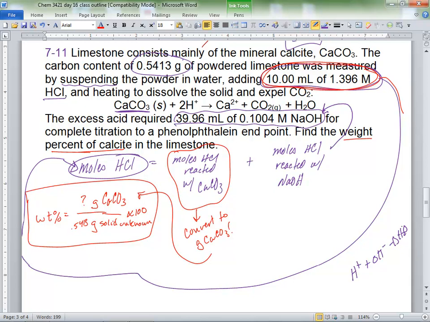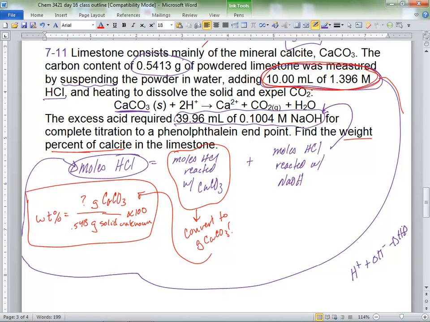Why do we care about the moles of HCl and the moles of NaOH if we're just trying to find grams? Well, how else are you going to get the grams of calcium carbonate? It's hidden in the data. The HCl we added produces little bubbles of carbon dioxide, because the calcium carbonate is in there.